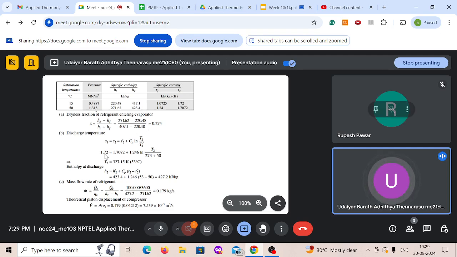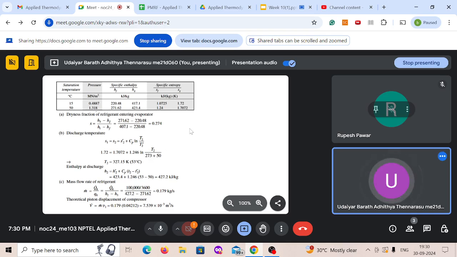So it is 1.72, and that is equal to the saturated vapor entropy at 50 degrees Celsius, which is 1.7072, plus the entropy change because of changing from 50 to some temperature. So 1.7072 plus Cp of the vapor, 0.996, into ln T2, the final temperature, divided by the initial temperature, 273 plus 50.